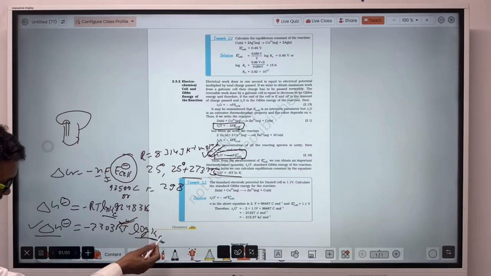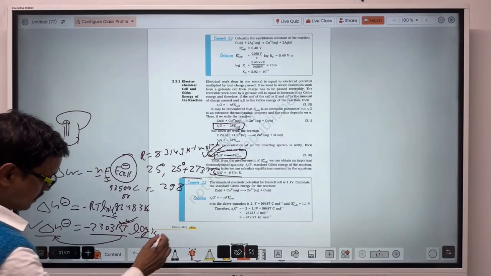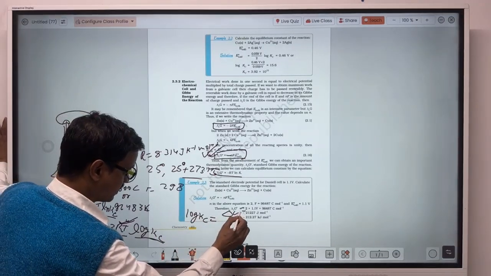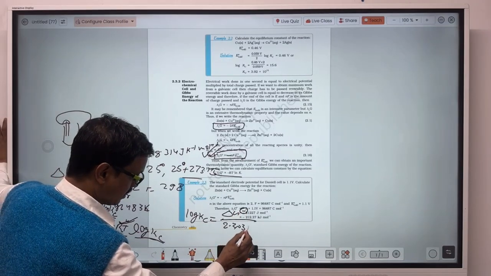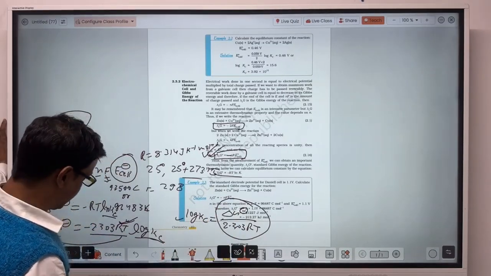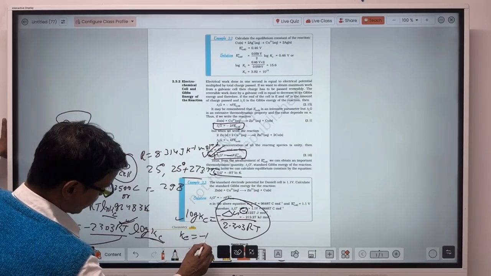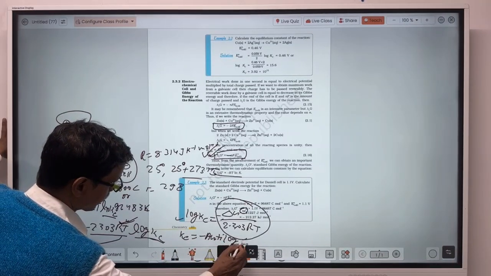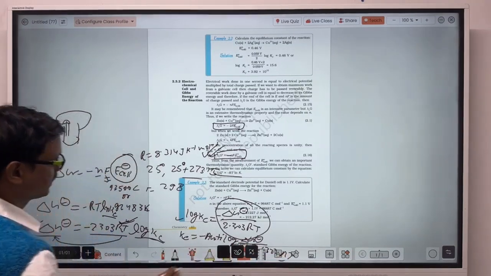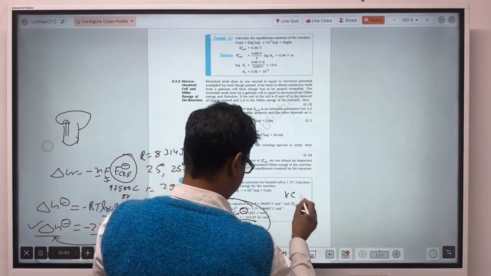If you have to find Kc, then 2.303 RT comes to the other side. So log Kc equals delta G standard upon 2.303 RT. You calculate this, and the log goes to the other side and becomes an anti-log. Here it is negative, so Kc equals anti-log of minus delta G standard upon 2.303 RT.